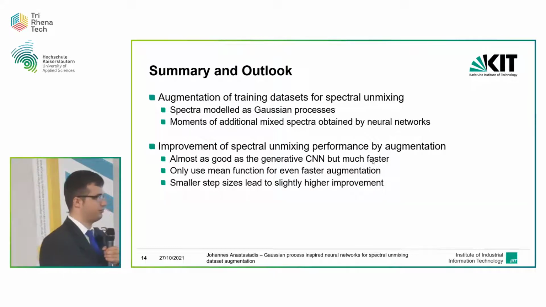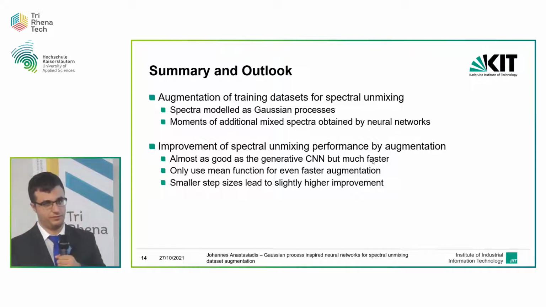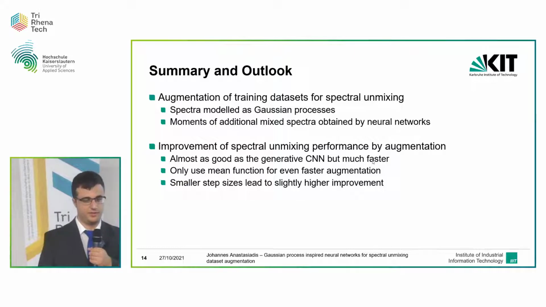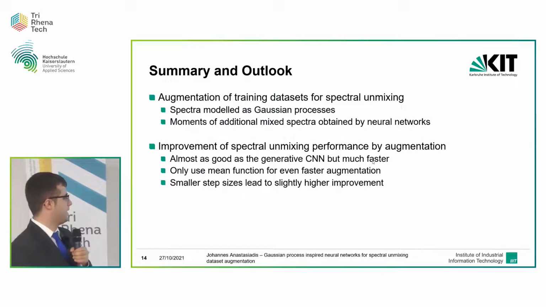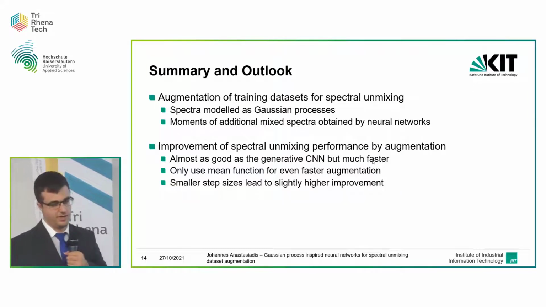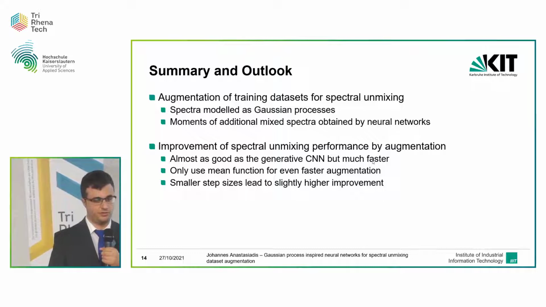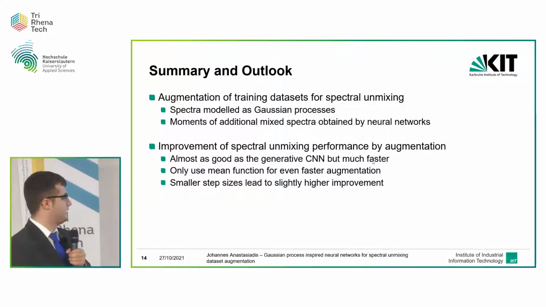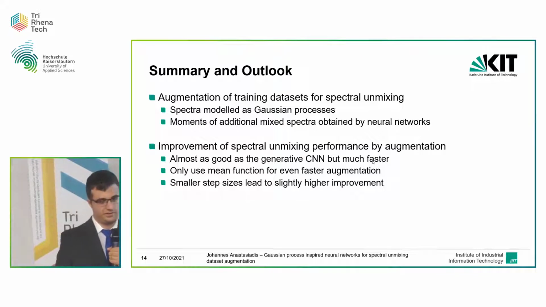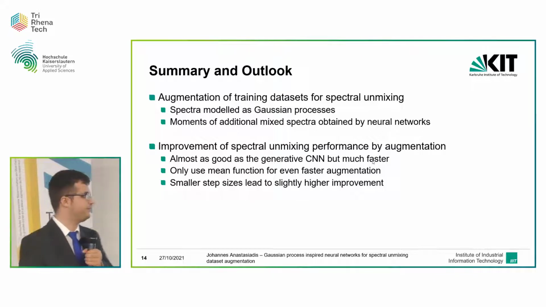We observed an improvement of spectral unmixing performance if we use datasets augmented by this method. Depending on the dataset, as always, it's almost as good as the generative CNN, but much faster. And if you only use the mean vectors, it still works and it's even much faster.